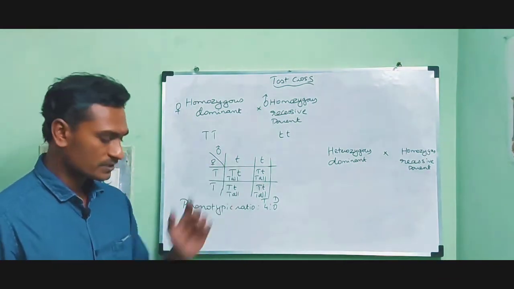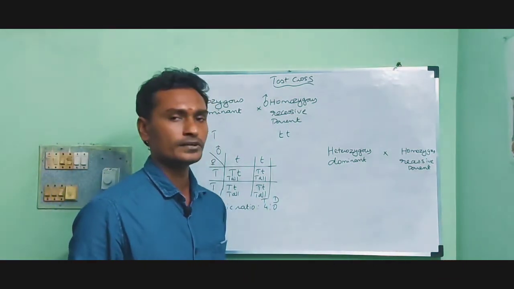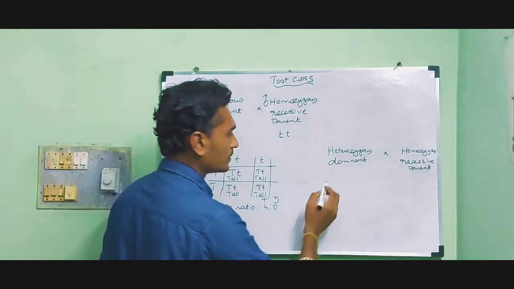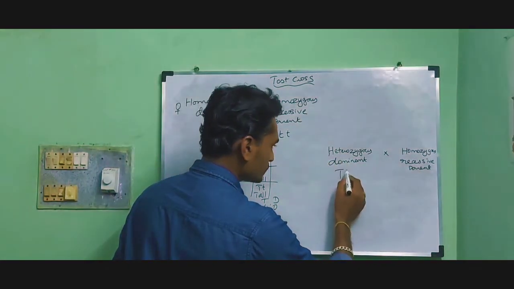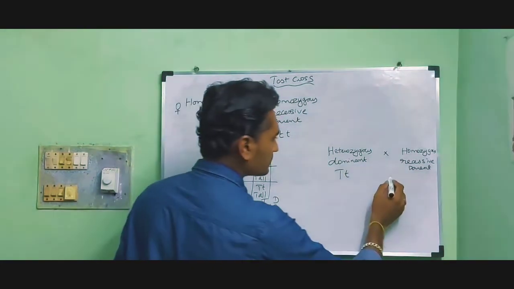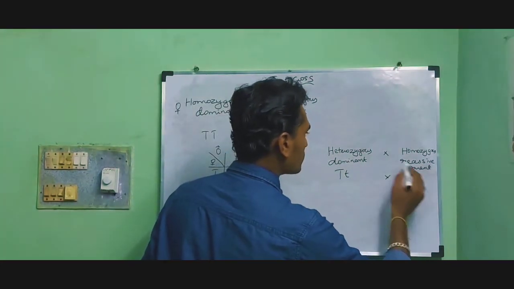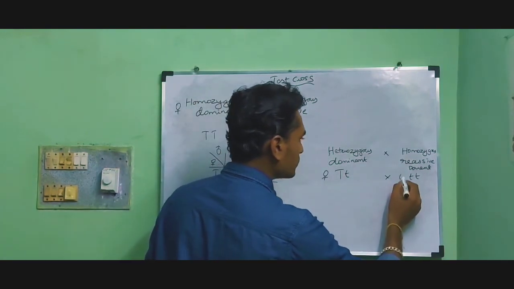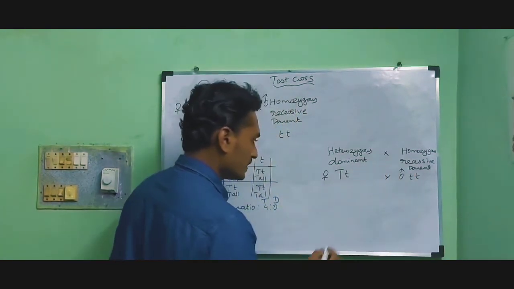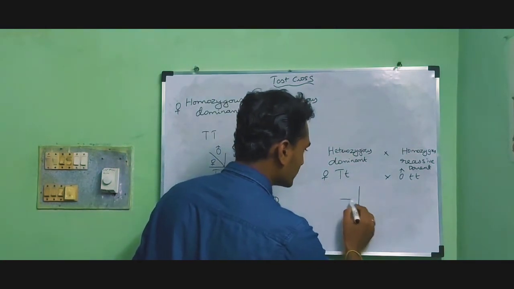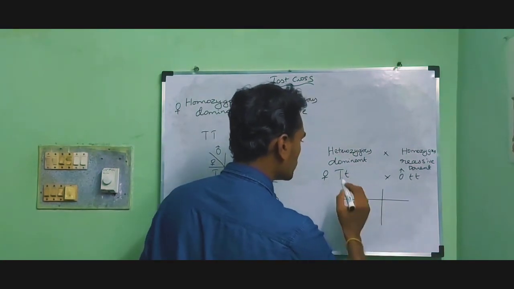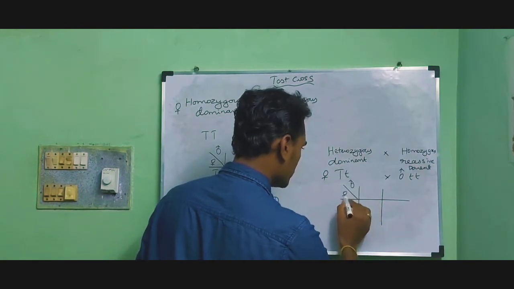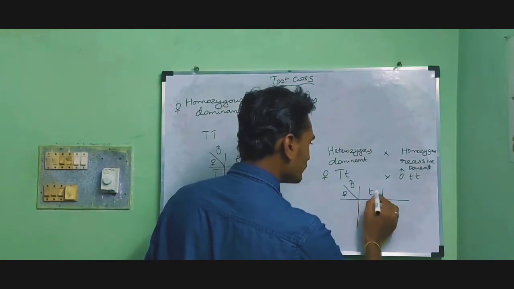Then we move on to the heterozygous dominant. The genotype of the heterozygous dominant is capital T, small t, crossed with small t, small t. This plant acts as female and this plant acts as male, and the gametes are plotted in the Punnett square.